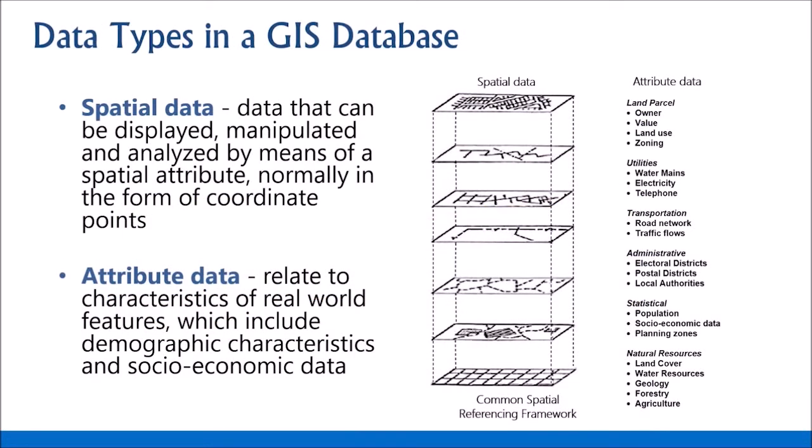Now to further expand the discussion, these are the typical data types in a GIS database. First is spatial data. These are data that can be displayed, manipulated, and analyzed by means of a spatial attribute, normally in the form of coordinate points, or your longitude, latitude, your northings and eastings, or your XY coordinates.